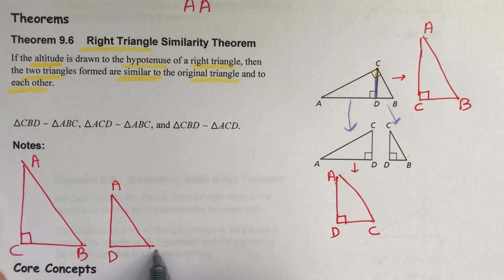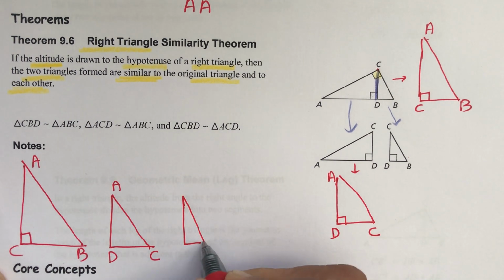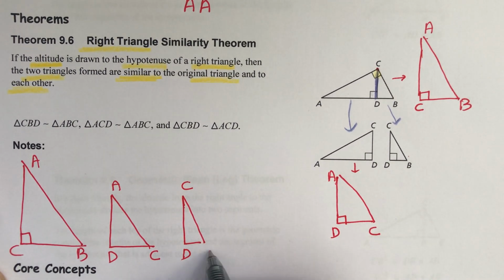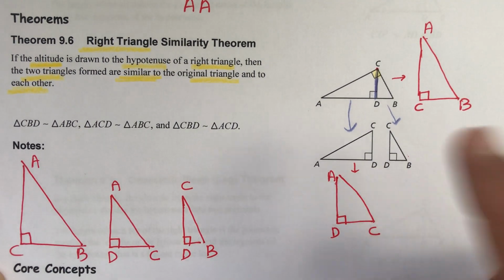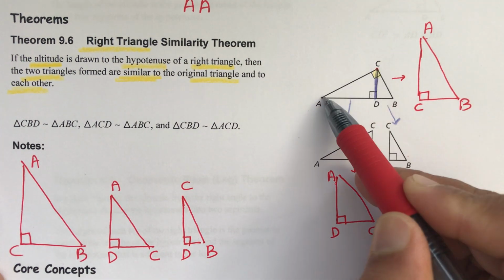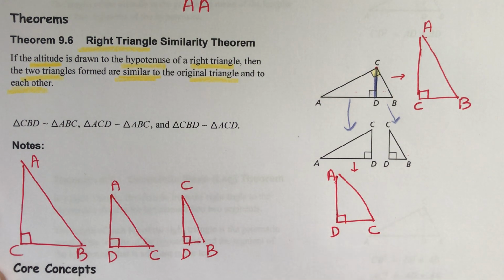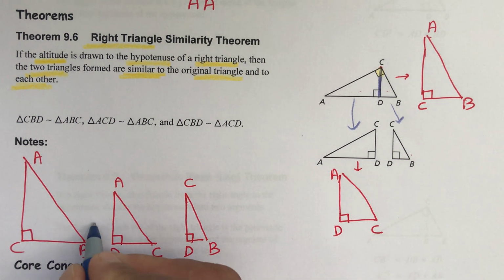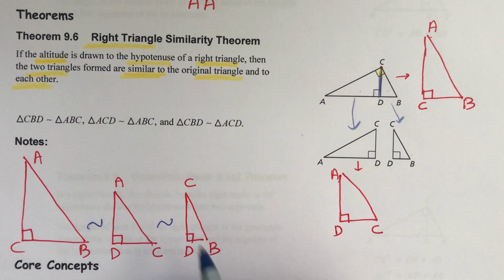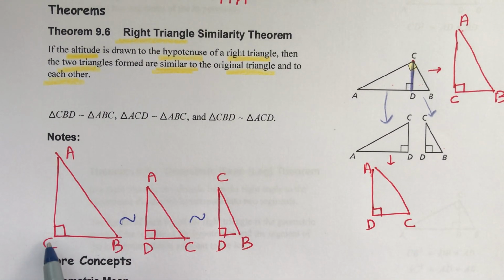A, D, C, and this is C, D, B. All right, and these are 90 degrees. So I have drawn the original triangle over here, then these two in a similar orientation so that my comparison is easier. Basically what they're telling you is that all three triangles are similar to each other, and they have written the expression here.